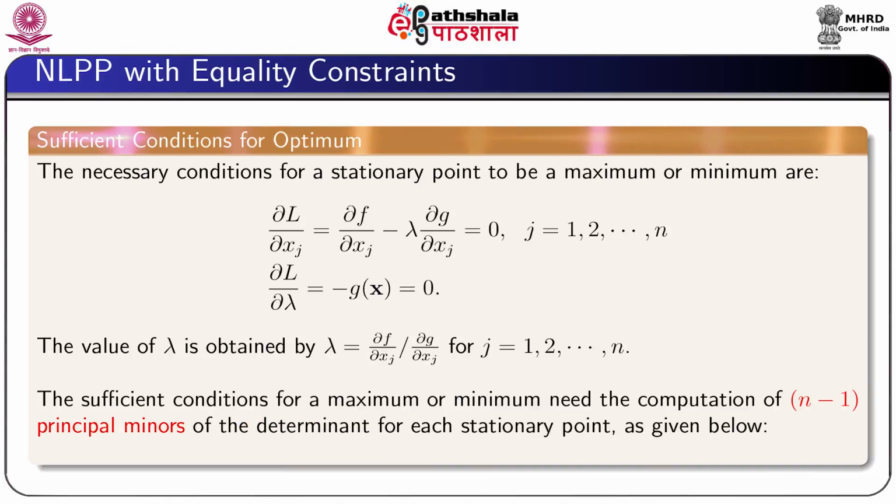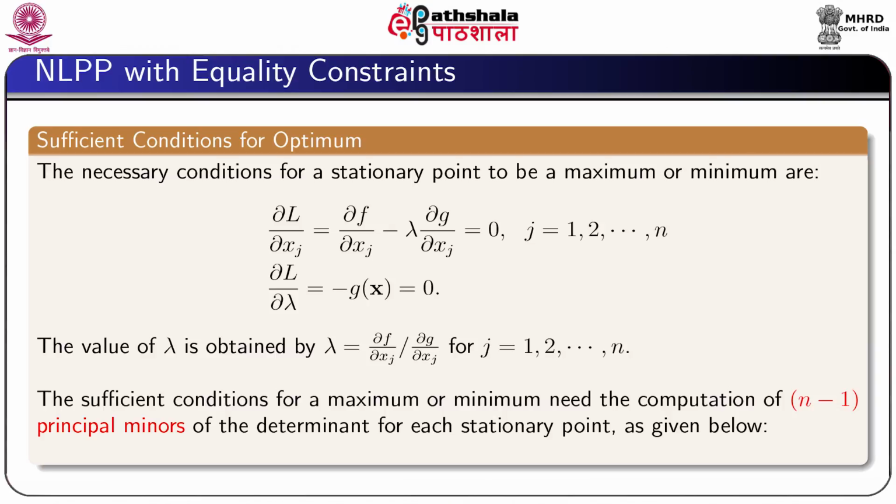The necessary conditions for a stationary point to be a maximum or minimum are del L del x j equal to 0, which gives del f del x j minus lambda del g del x j equal to 0 for j equal to 1 up to n, and del L del lambda equal to 0, which gives minus g(x) equal to 0. The value of lambda is obtained by lambda equal to del f del x j divided by del g del x j for j equal to 1 up to n.